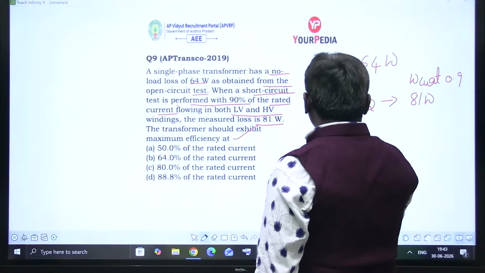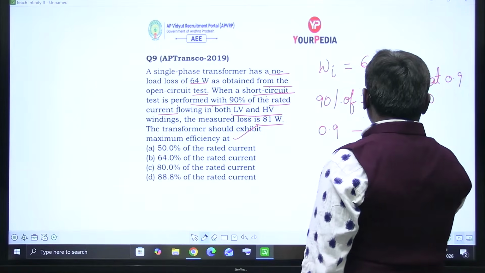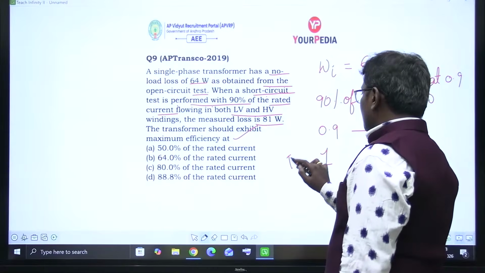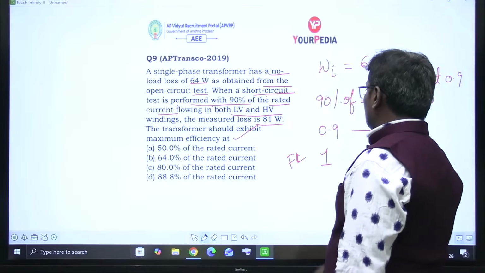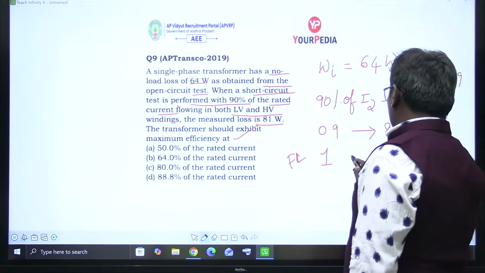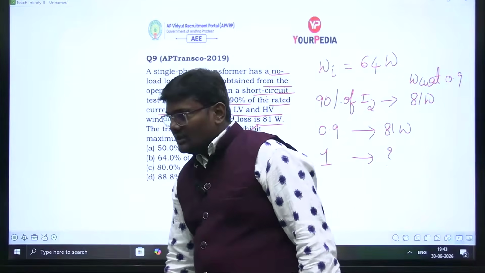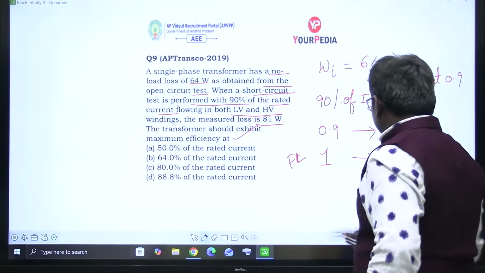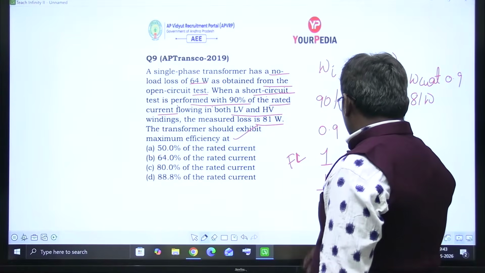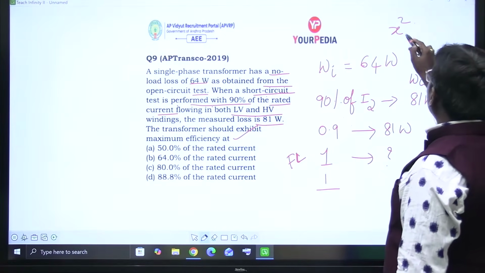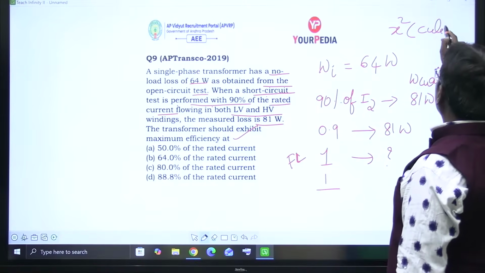So at 0.9, you will get 81 watts, and at full load you have to find out the losses. So this is called 1 by x square times the copper loss, yes or no?